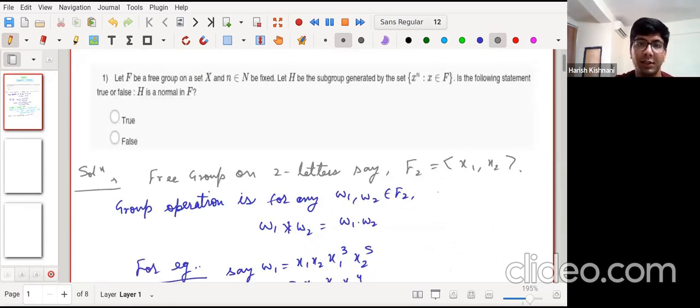It says F is a free group on the set X, and H is the subgroup generated by the nth powers.